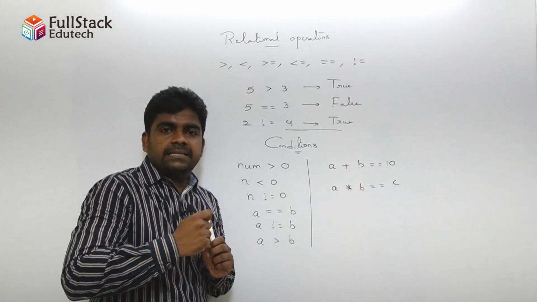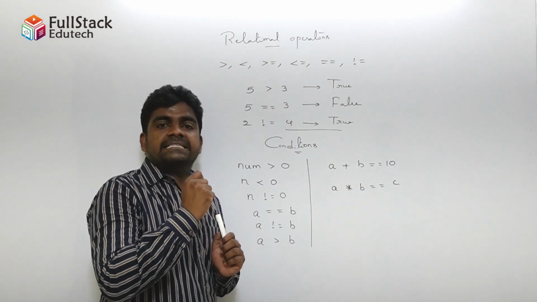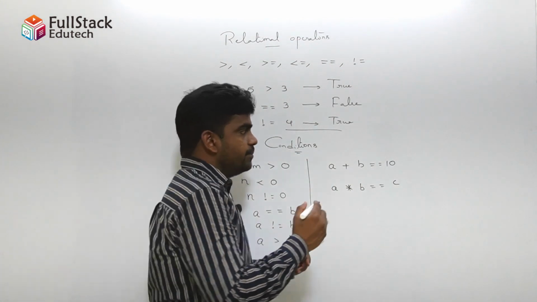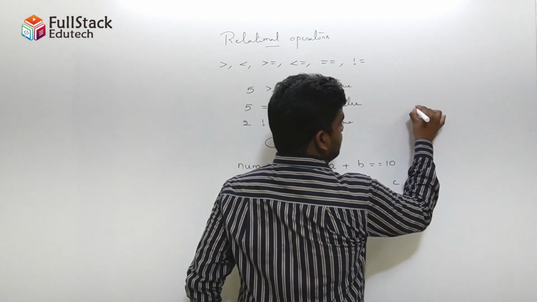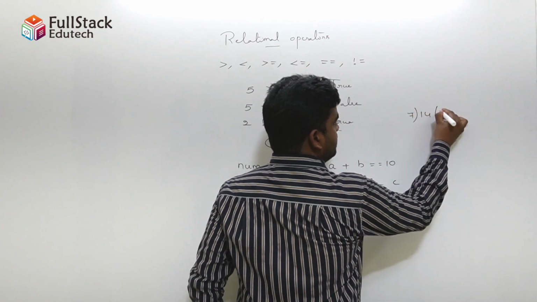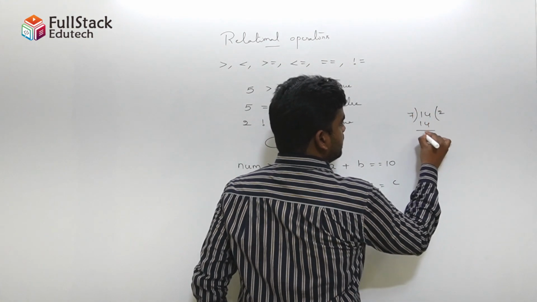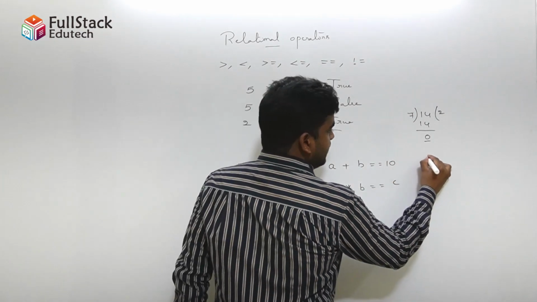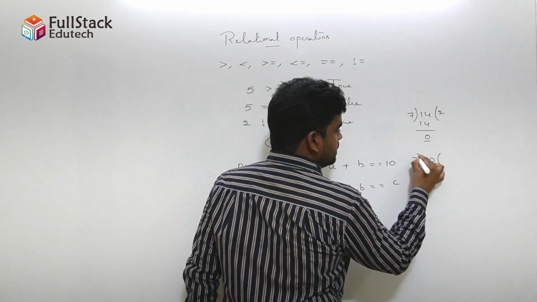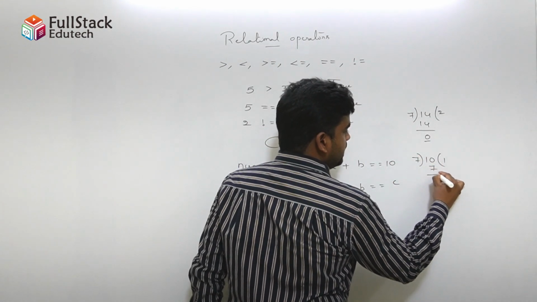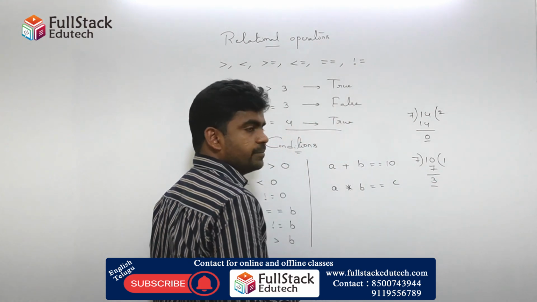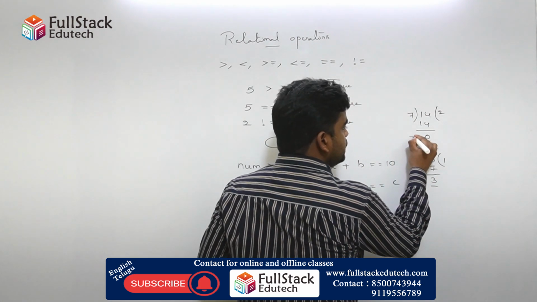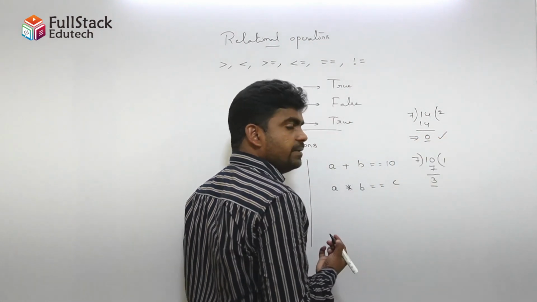When can you say that the number is divisible by 7? If I take 14 and divide by 7, yes, 2 times, and the remainder is 0. Suppose I take 10 and divide by 7, 1 time 7, the remainder is 3. So when the remainder is 0, we can say it's divisible.